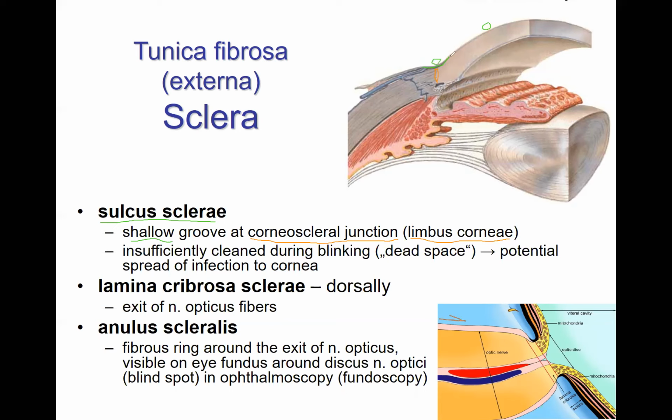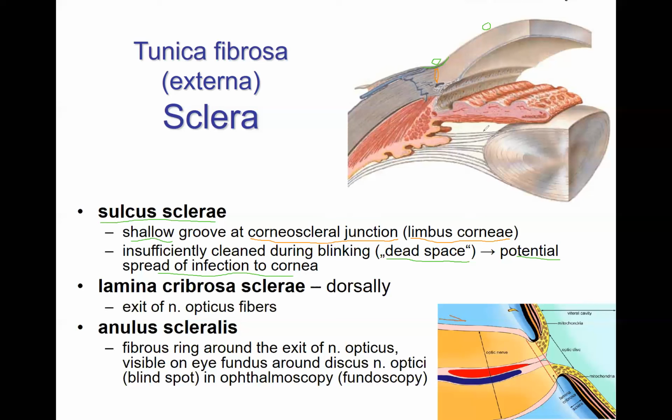As it's a groove, it is not cleaned well, so it's like a dead space, and it can be a potential site of spread of infection to the cornea. So during the ophthalmology examination, you have to look here, and in case there are some foreign bodies or bacteria, you have to clean it. So that's the groove. And then we move dorsally.